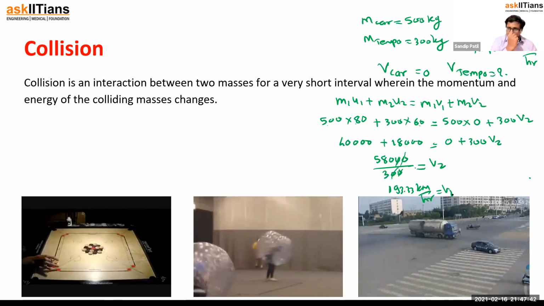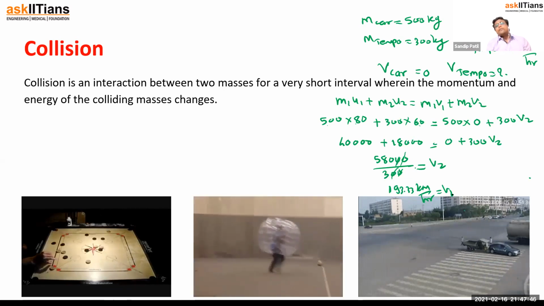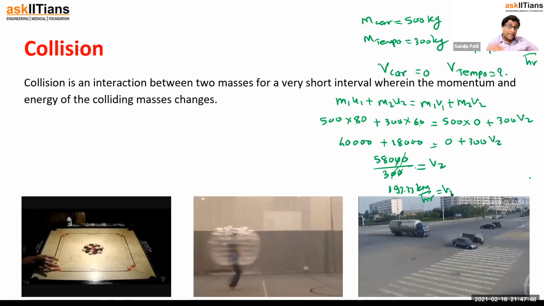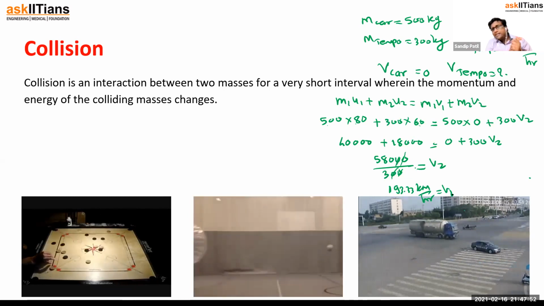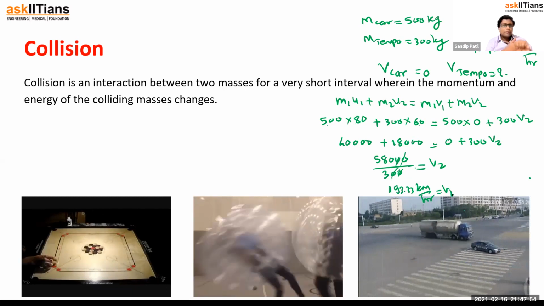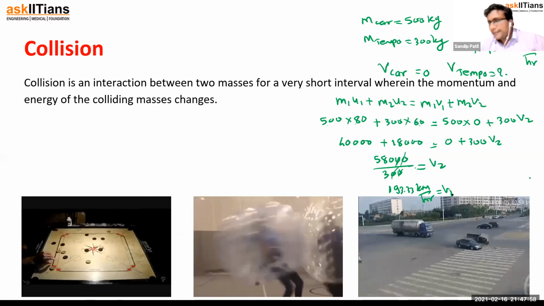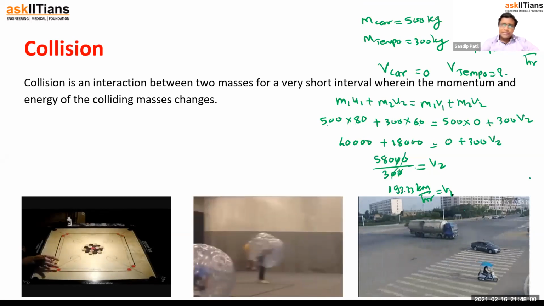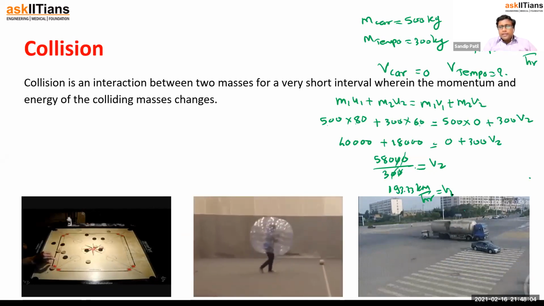Actually, you can also see that the car and tempo, when they collided, were exactly at 90 degrees. You can see that, right? So that 90 degrees is also going to change a lot of values. We are not going to go into the detail of that right now, but we can just try to do the small calculations here, right?